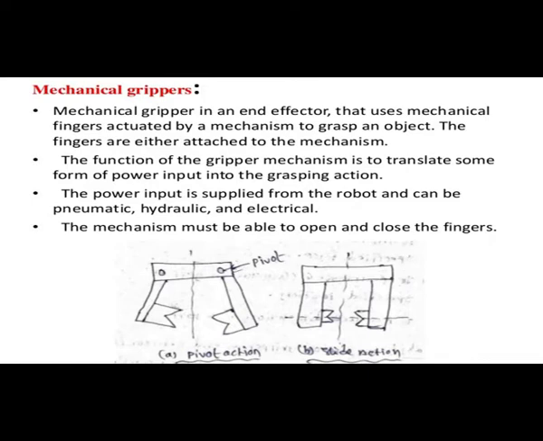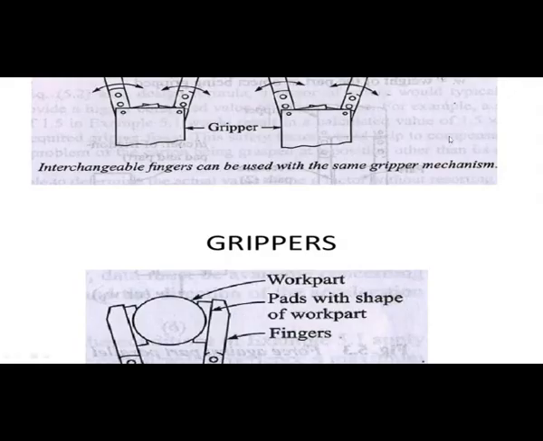The power input is supplied from the robot and can be pneumatic, hydraulic, or electrical. The mechanism must be able to open and close the fingers. Fingers can be attachable or detachable.